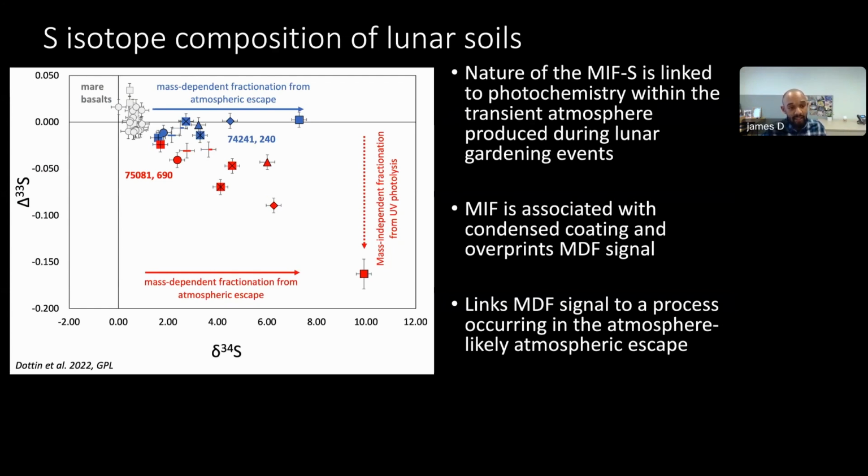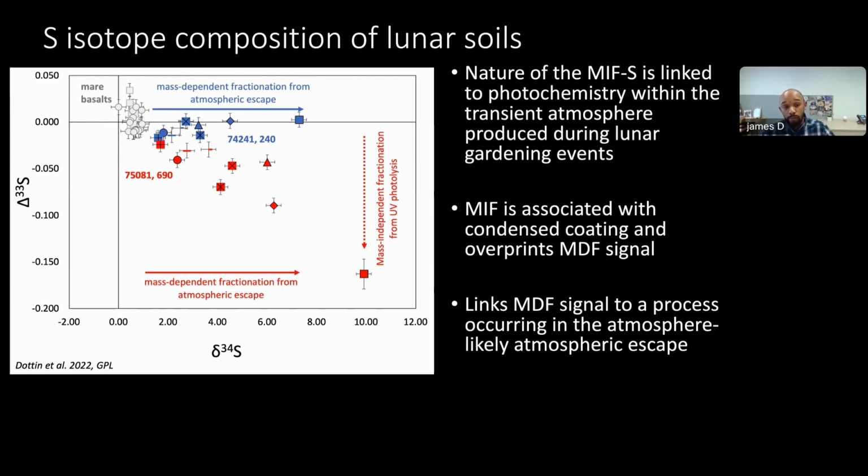We anchor our hypothesis on the relationship between grain size and Δ33S, because it appears that as the δ34S is increasing, and we know that's an indication of mixing between a condensed vapor component on a small grain versus a large grain, the Δ33S is decreasing. And so they're likely associated with one another.